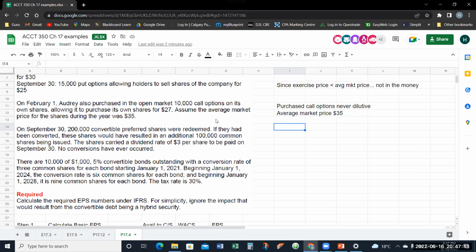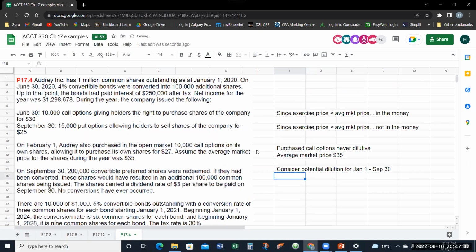It is a potentially dilutive security. So we need to consider potential dilution for Jan 1st to September 30th. Now, similarly over here, right at the top, 4% convertible bonds were converted on June 30th.